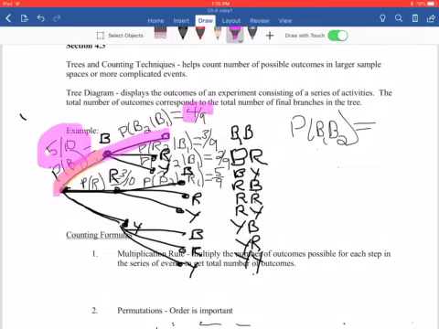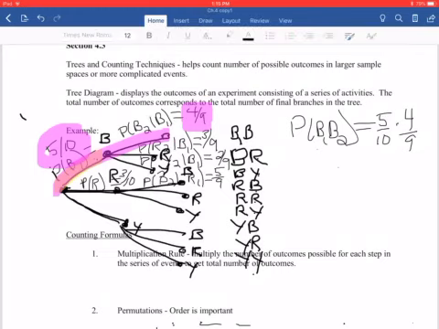So I'm going to take this probability and multiply because blue on the first and blue on the second. So I would have 5/10 times 4/9. Okay, so I'm not sure the homework gets into this much detail, but I wanted you to understand the tree diagrams and what they look like.